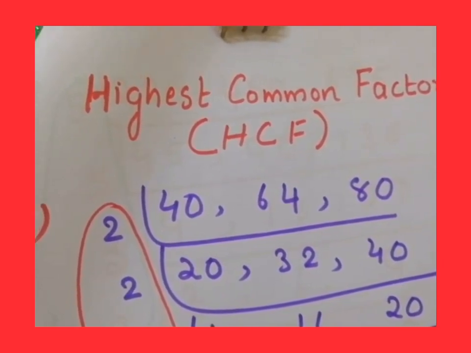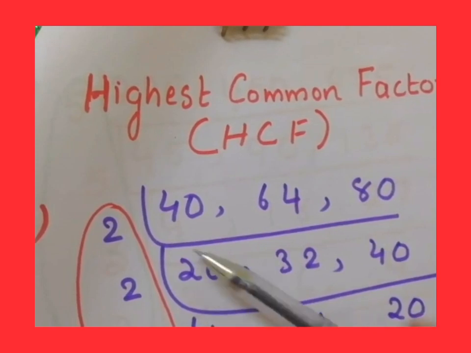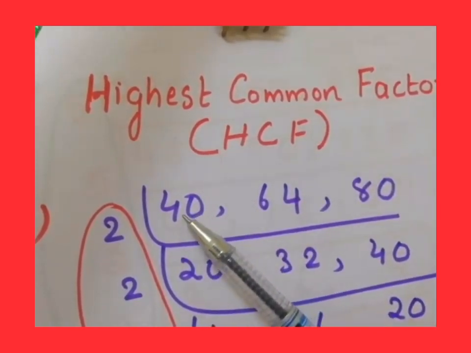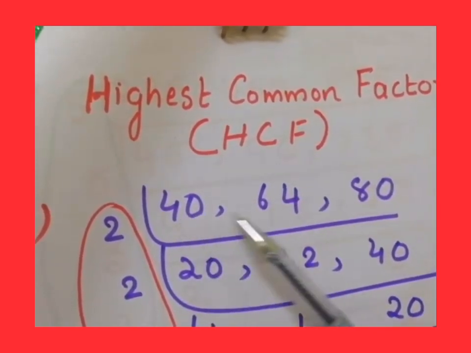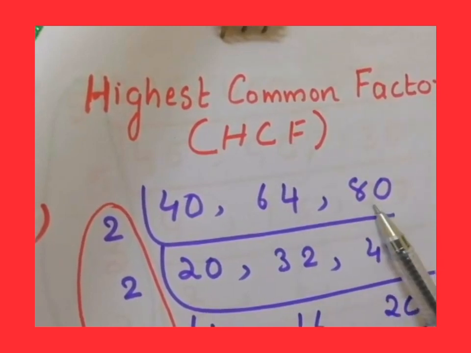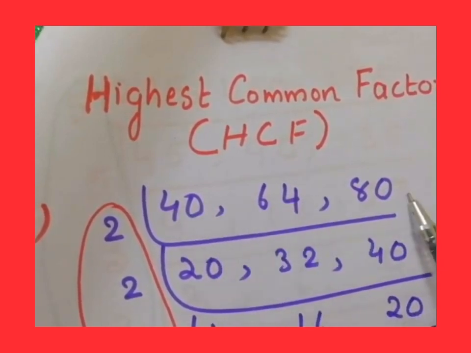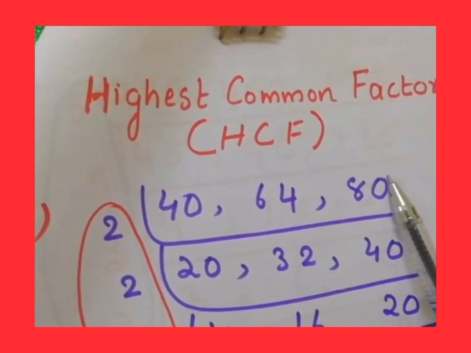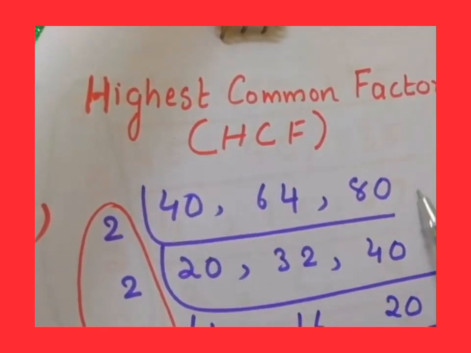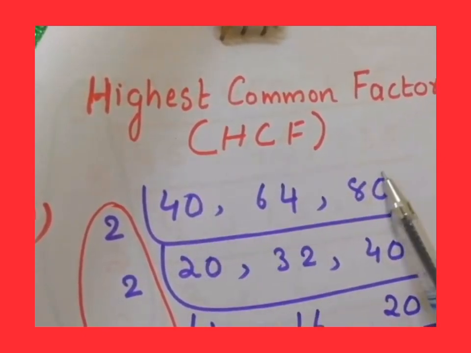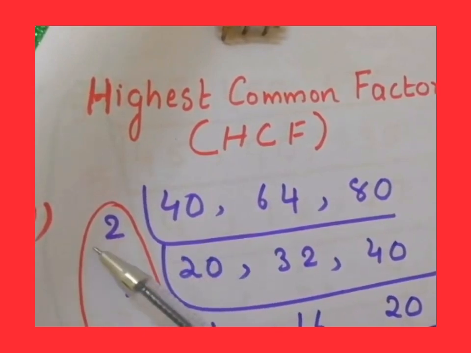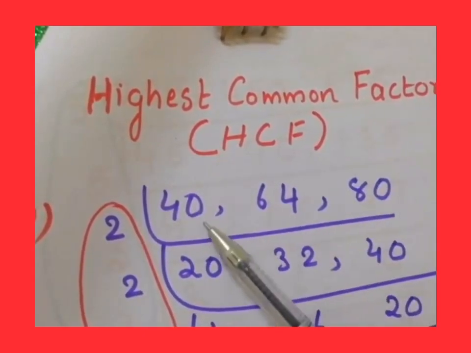Highest common factor. Example 1. Find the highest common factor HCF of 40, 64 and 80. Here 3 numbers are there. Here you have to find out a common factor for all the 3. So here 2 is the common factor for all the 3.